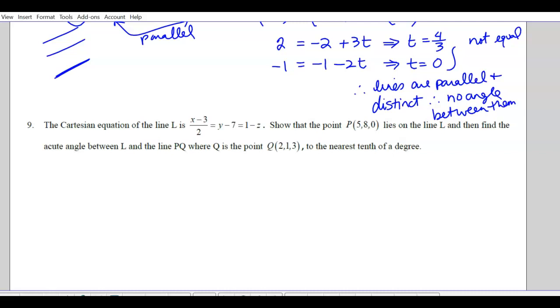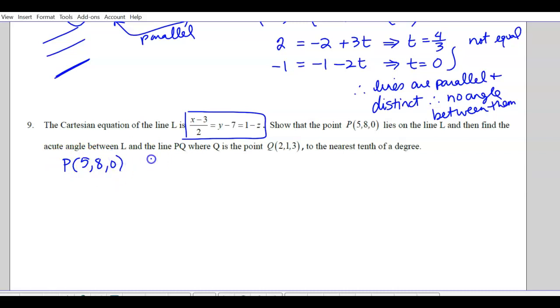Because it's in Cartesian equation form, we don't have to really convert back to another form. We can substitute the x, y, and z in and make sure they're all equal. So we're going to have P (5, 8, 0).